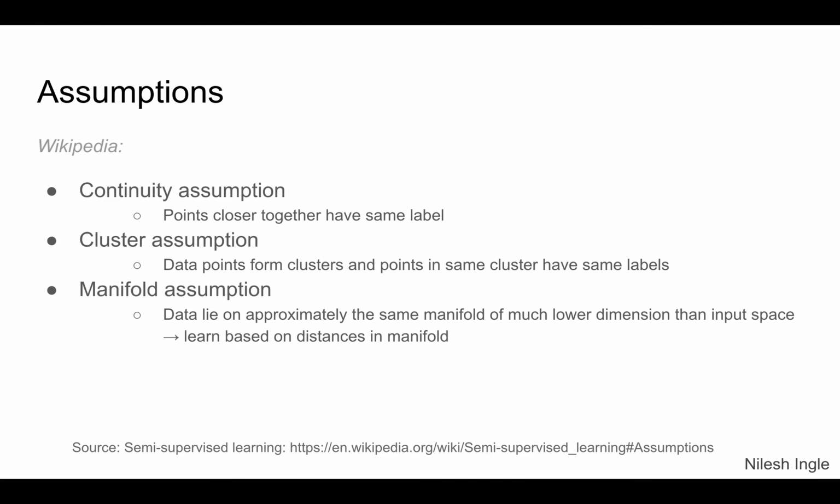The main three assumptions for this approach are: if points are closer together, then they are likely to have the same label; data points within the same cluster would have the same labels; and the data lie on approximately the same manifold of much lower dimension than the dimension of the input space.